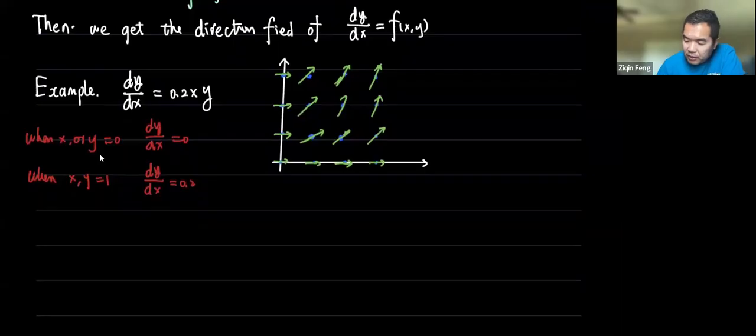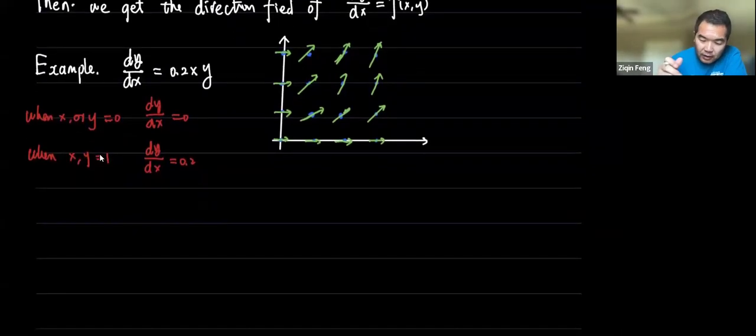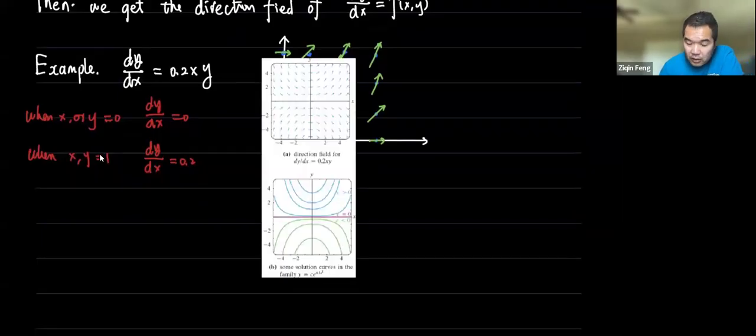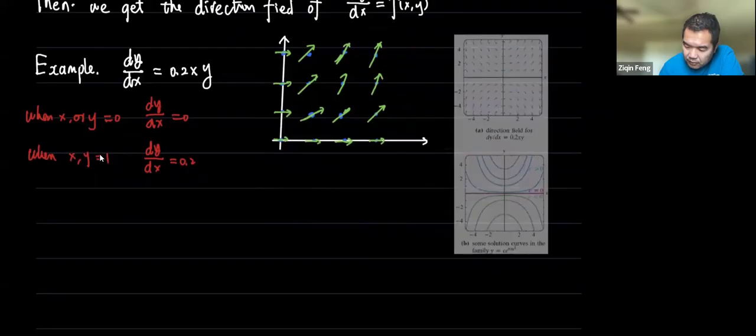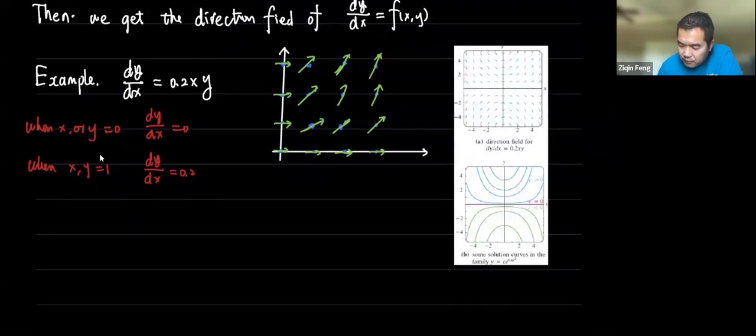Let me bring in a picture here. Using a computer, you can produce the direction field of the same differential equation. Later we can solve it, and our solution will be y equals c times e to the 0.1 x squared.